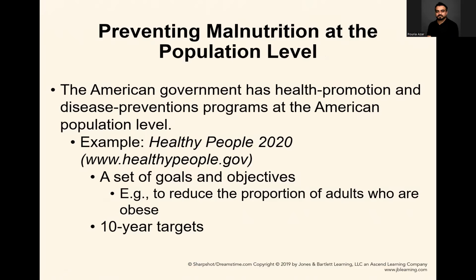In the United States, we have different health programs and health promotion programs established by the American government, which address the chronic diseases related to overnutrition and undernutrition. For example, Healthy People 2020. This is a government funded health promotion program.